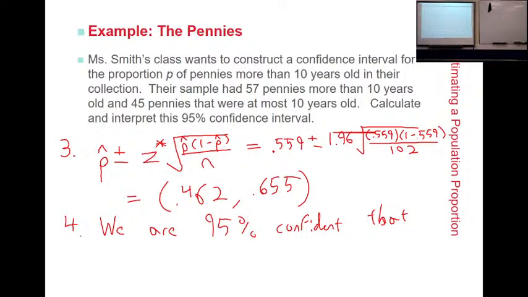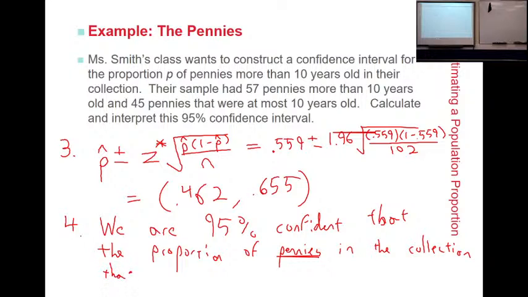Right? Copy the parameter you defined from step 1. You already defined it, so you just need to copy it down. The proportion of pennies in the collection that are more than 10 years old. So the parameter.